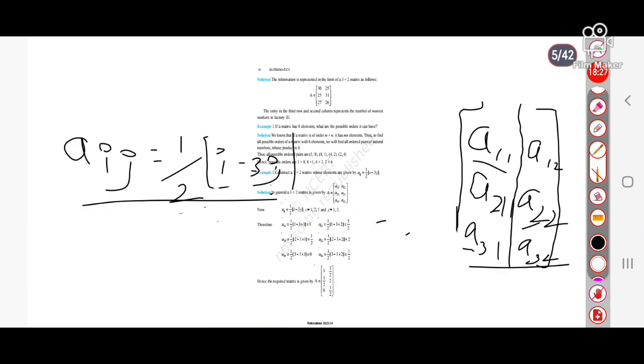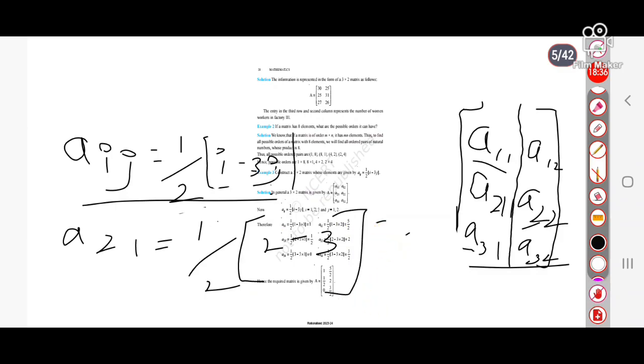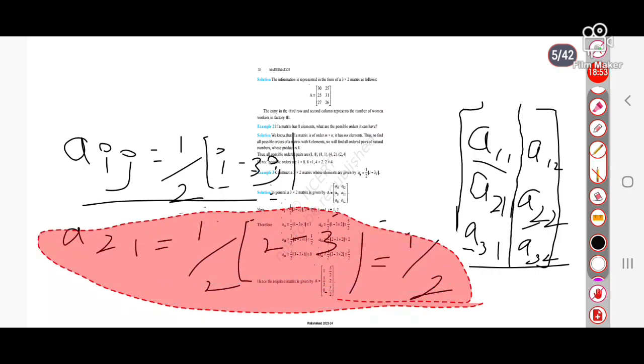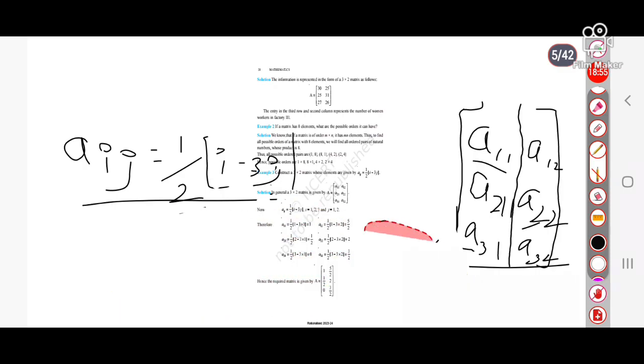Now similarly A21, it is half modulus of 2 minus 3, that is, oh sorry, this is modulus, right? This again will be 1 by 2, right? Similarly for A22, A31, A32, they have solved the multiplication and applied the modulus inside, getting the answer in positive, right?